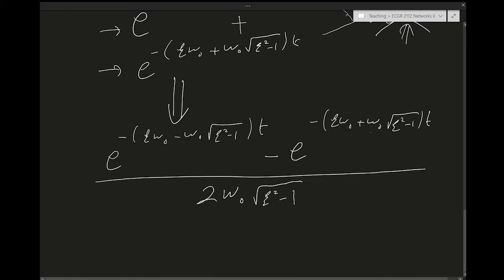This thing cancels because 1 minus 1 is 0, and then minus e^(-ζω₀t). So I end up with 0 over 0. To find what this is as ζ approaches 1, I need to take the limit, because if I just plug in ζ equals 1, I get 0 over 0, which is nonsensical.